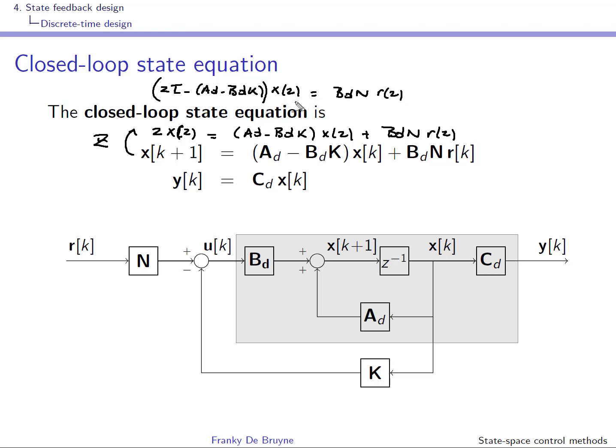So you can obtain X of z by using the inverse of that, and if we inject that in the output equation, we have the relation Y of z equals CD times zI minus AD minus BD K, inverse, BD N R of z, and this is really the closed loop transfer matrix.